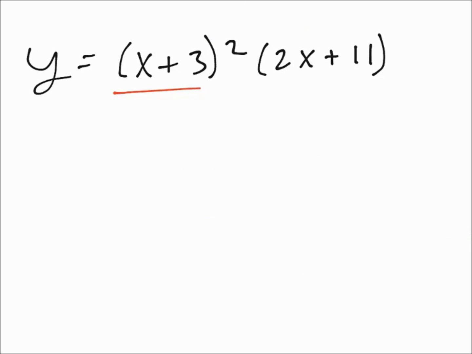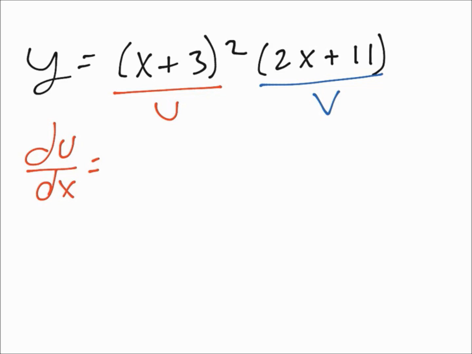Again, you want to name it u, v. Or du dx is going to be equal to, actually I'll write u because in this case you do have to solve it a little bit.